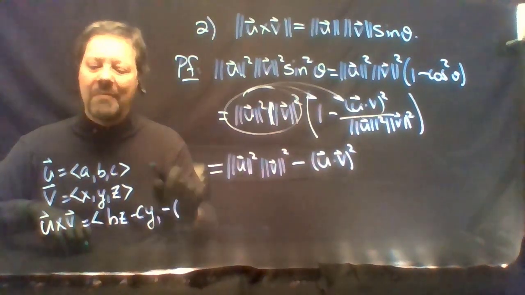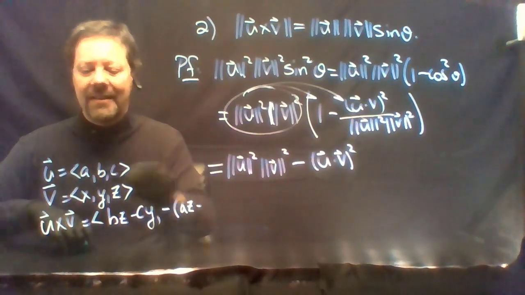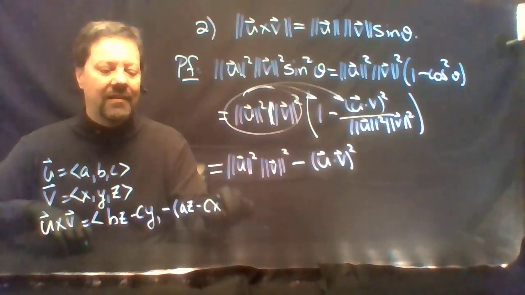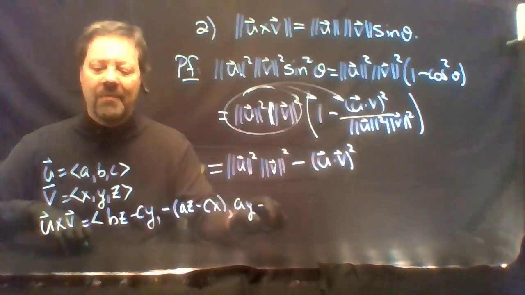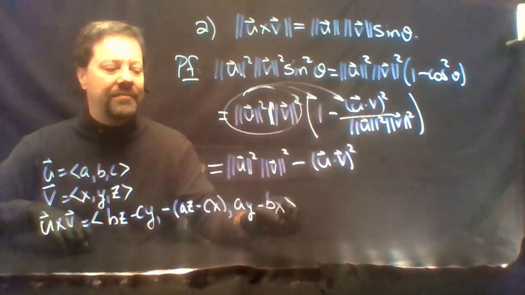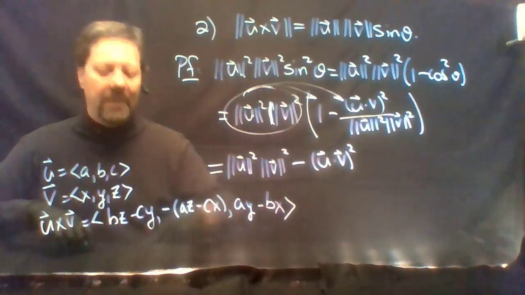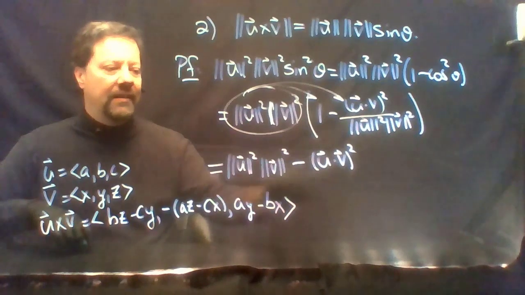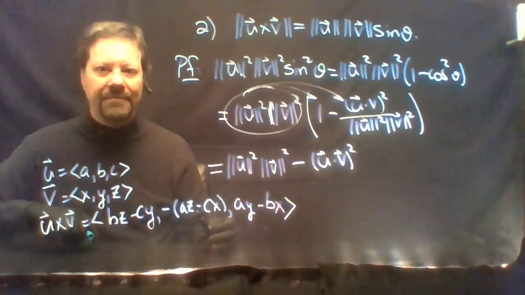Preemptively put a minus on the middle coordinate, AZ minus CX, and then AY minus BX. We need to show that the norm of this vector is equal to the expression that we had last.